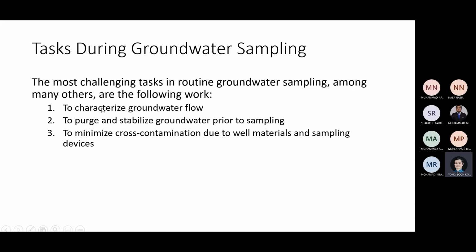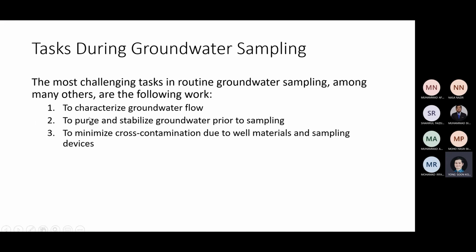Of course, groundwater flow, you need to measure it. Now, for this you can use a hydrologist to tell you how the groundwater flows. Of course, you can also measure it from the tube well as well. But most importantly, in order to eliminate and reduce the error from cross contamination, the groundwater already tapped from the tube must be removed.